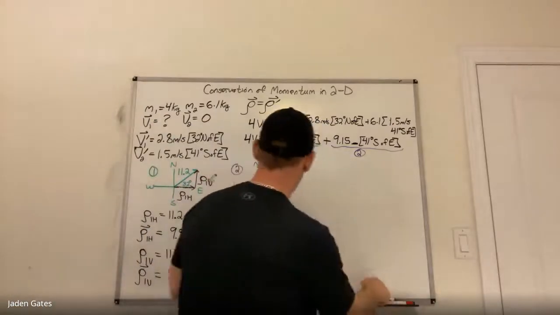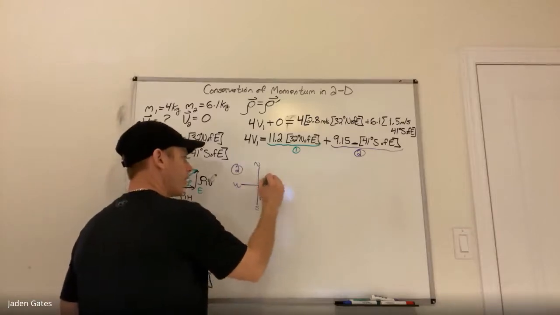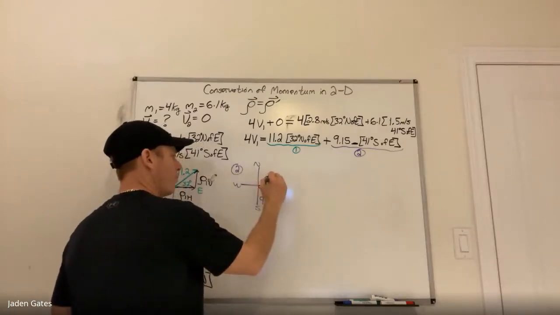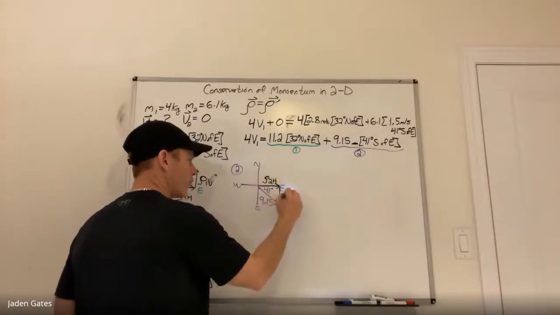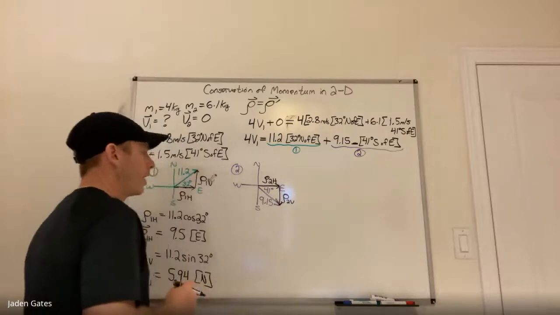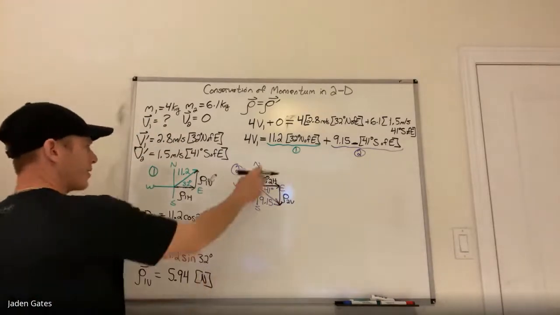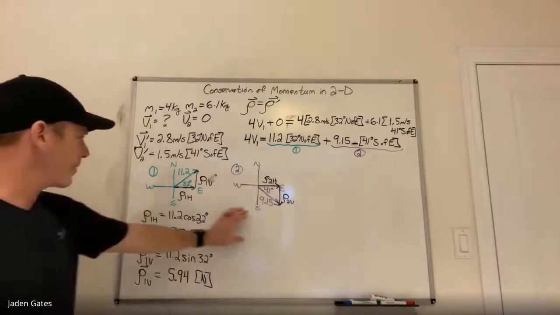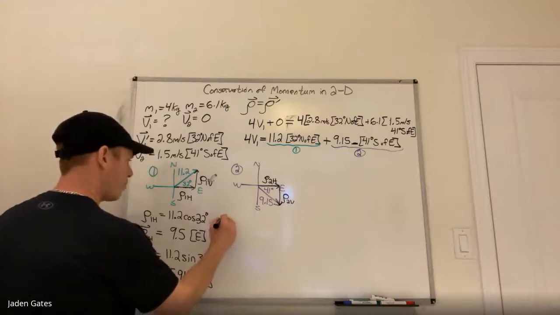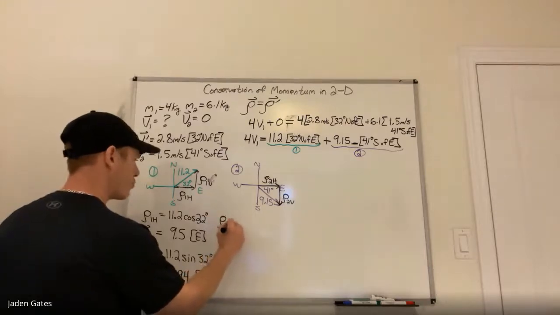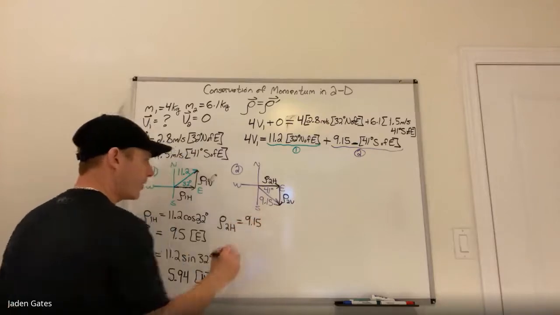All right, now this is my second momentum. So again, I'll call this rho 2H, and the vertical component will be rho 2V. All right, so again, use a little bit of trigonometry here. Let's get the horizontal one first because I want to line them up here so I know what I'm doing. So rho 2H, again, our hypotenuse is 9.15.